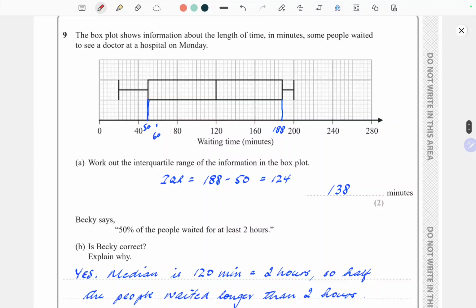Okay, this next one. Length of time waiting in a hospital on a Monday. It says work out the interquartile range. The interquartile range is the difference between the lower quartile and the upper quartile, the ends of the box, and we're going to call it IQR. If you follow the chart, please be careful with the way the boxes are worked.